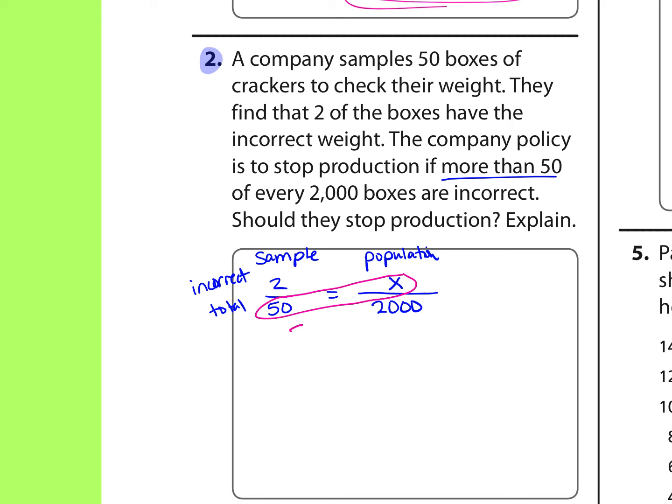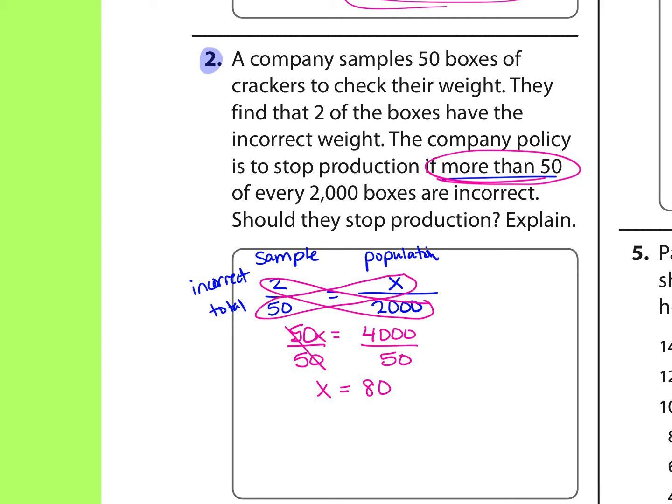50 times X is 50X. 2 times 2,000 is 4,000. Divide both sides by 50 to get X by itself, and we get that X is 80. Is this number more than 50? Yes, it's more than 50.